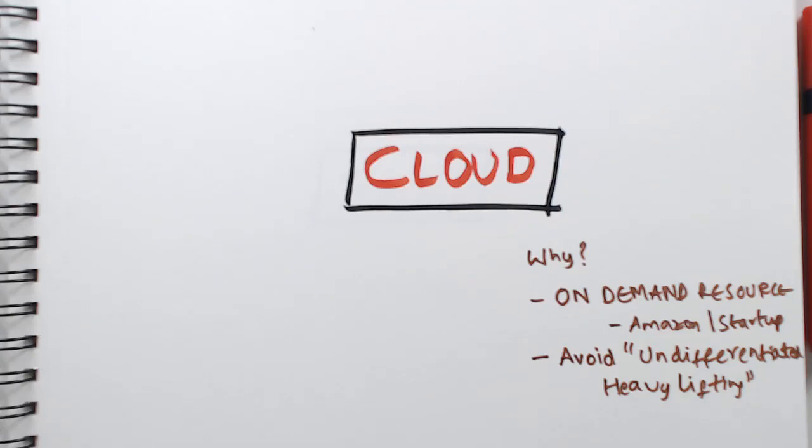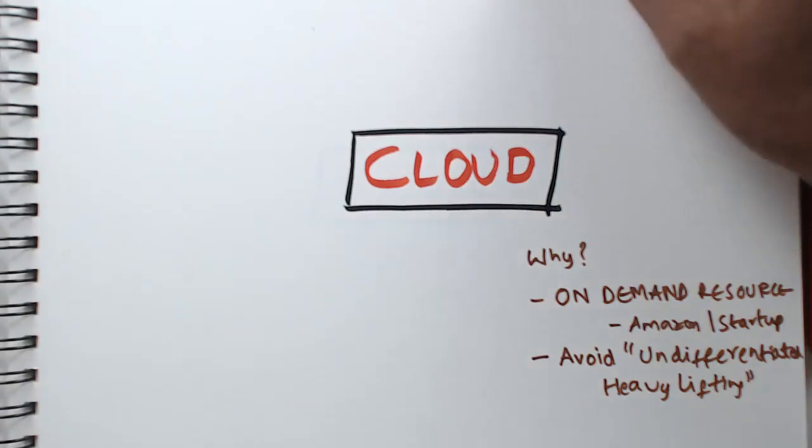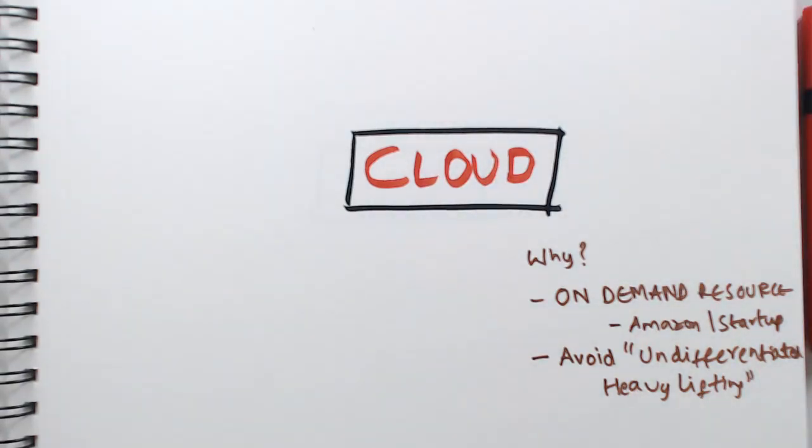Let's say you are a shopping platform, or let's say you are a bank. What really separates you from your competitors is not the technology platform, it's not how you do service discovery, it's not how you build your containers, it's how you service your customers. So that's the important thing for a business to focus on.